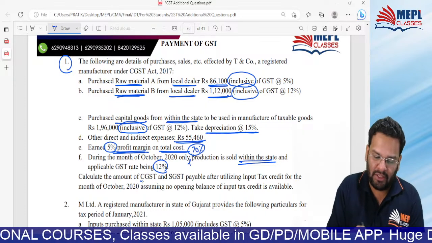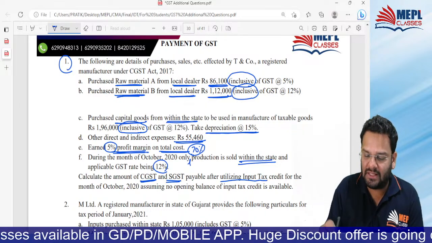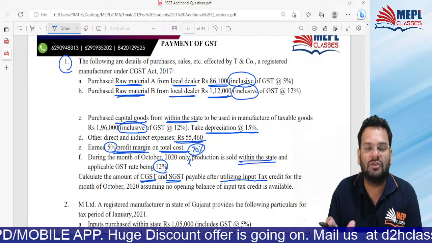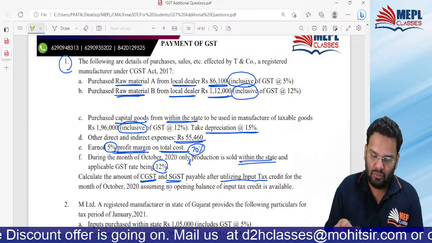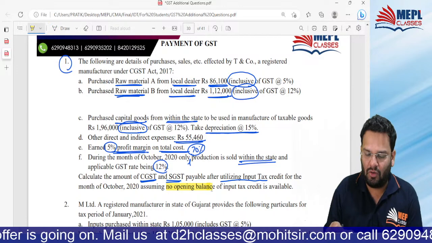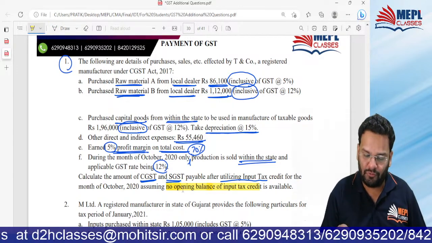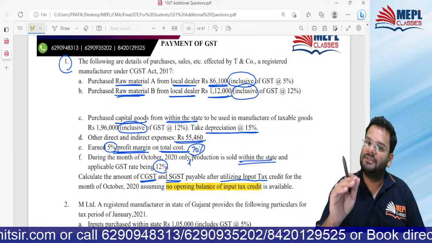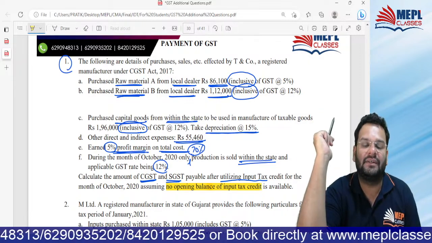You have to calculate CGST and SGST payable after utilizing ITC for the month of October 2020, and there is no opening balance of ITC. Is the question clear to all of you? So in short, the same thing you have to do: output tax minus input tax credit.